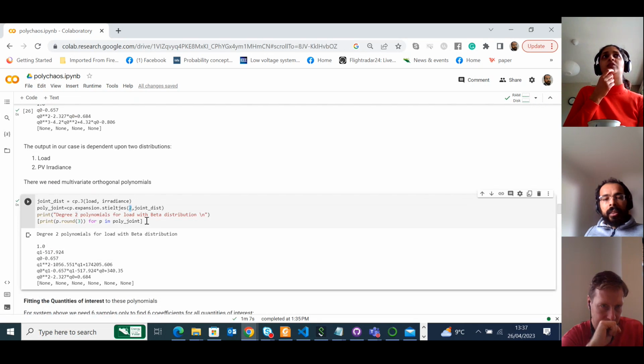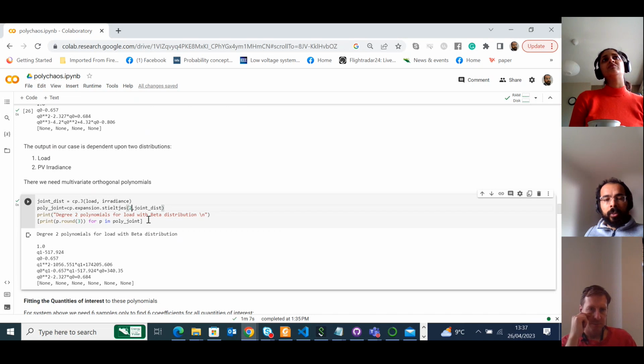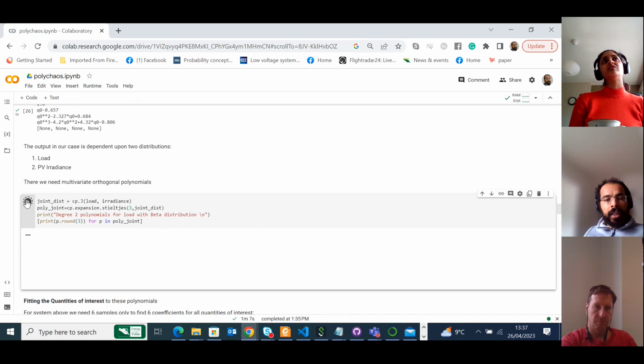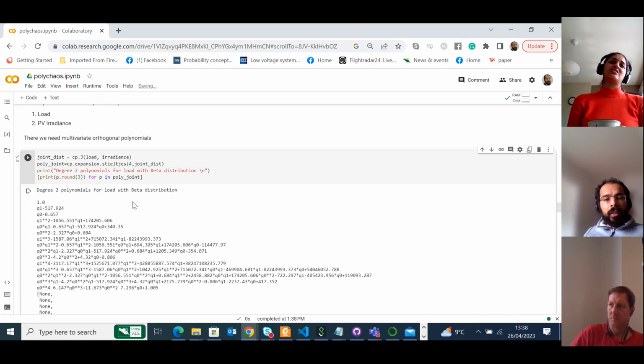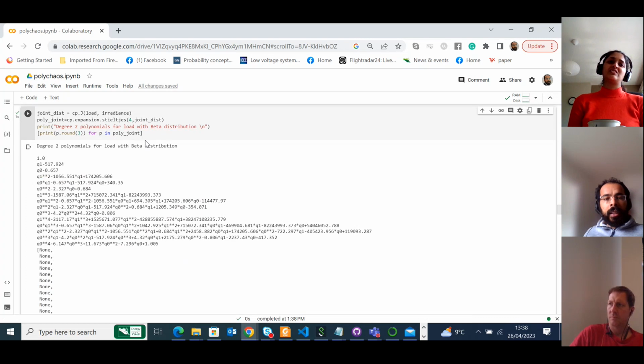When we are creating our polynomials, do you want to create polynomials of degree 2 or degree 3? For example, if you say degree 3, then you can already see the number of polynomials increases to 1, 2, 3, 4, 5, 6, 7, 8, 9, 10, right? If you say I want degree 4, then it will be around 15 polynomials.